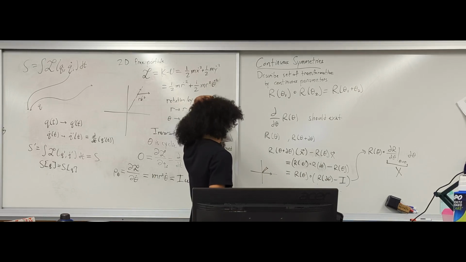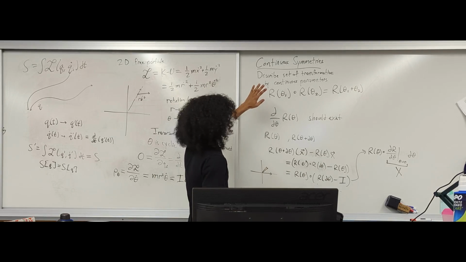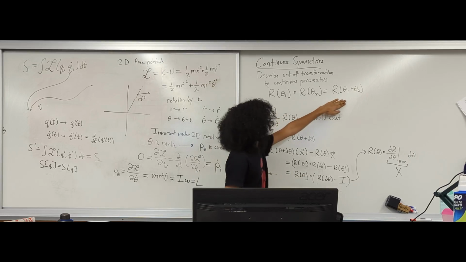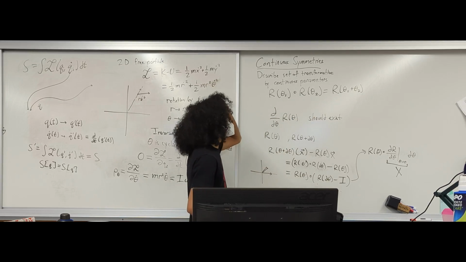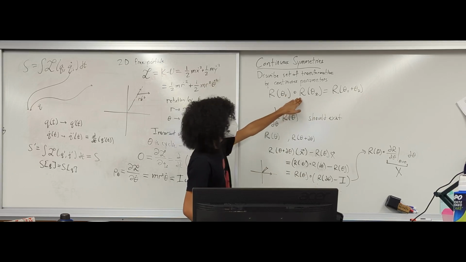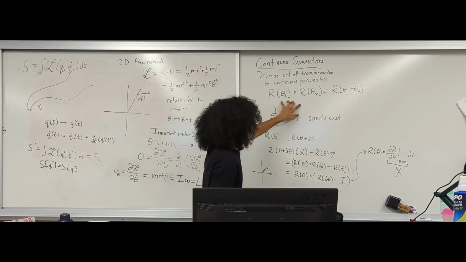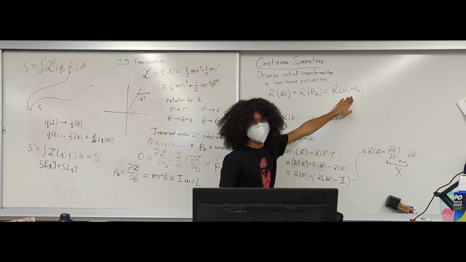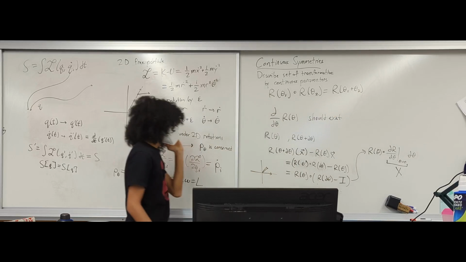Perhaps a more intuitive idea is that using this property, composing these two transformations corresponds to this one transformation, but the parameters are added together.